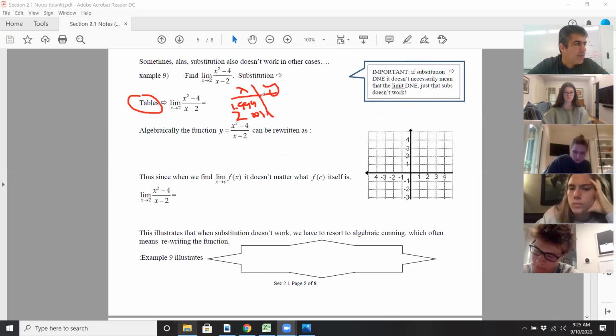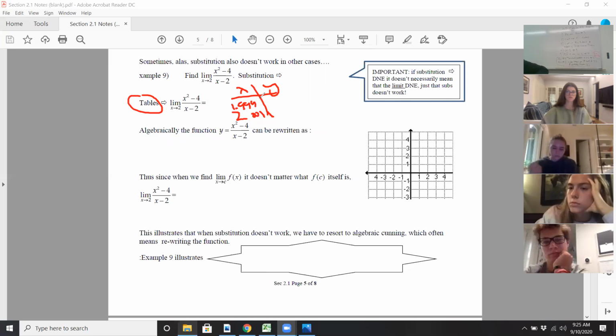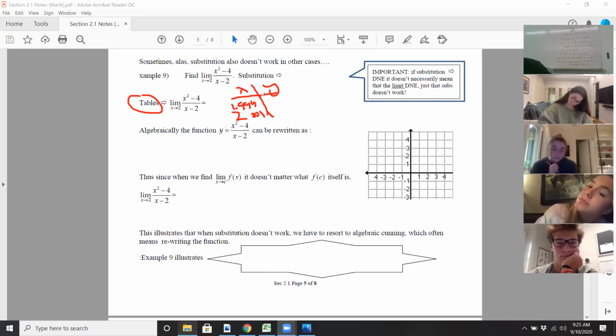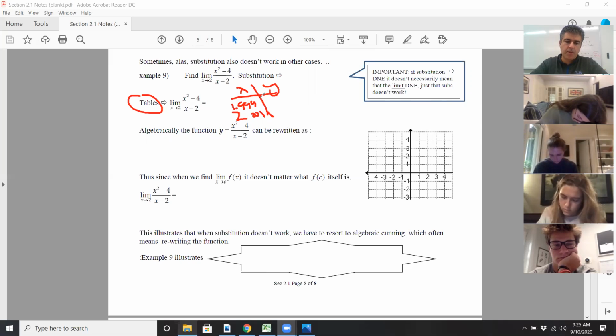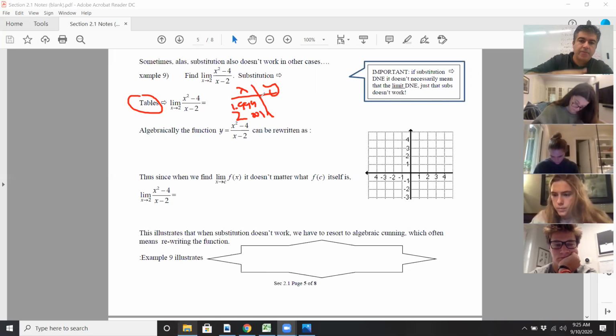And actually, I'll do it really quickly. So let's see here. If I did x squared minus 4 divided by x minus 2, alpha trace y1, 1.999, 2.001, I get these values.